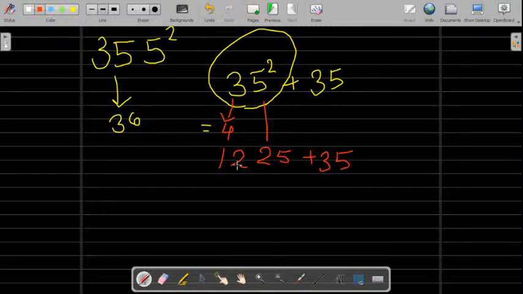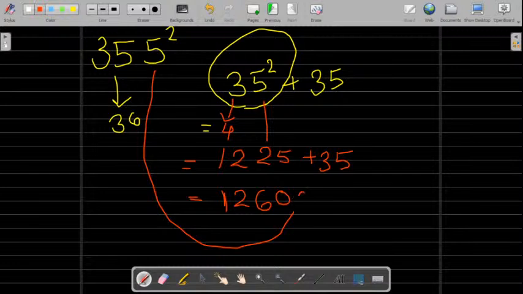So this is 35 square plus 35. Now what is the result? It's 12, 30, 60, 1260, right? So yeah, this is for 35. Now you have to add this also, no? 25.